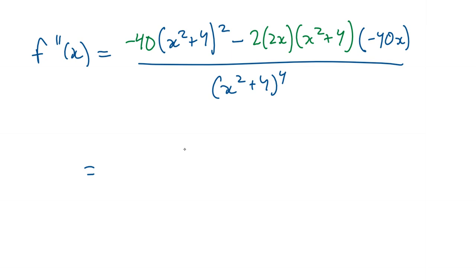So we got to clean this up. I'm going to factor out the negative 40 and an x squared plus 4. And I'm left with x squared plus 4.